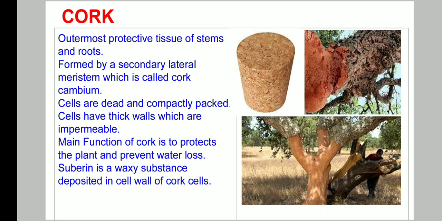It is formed by a secondary lateral meristem called cork cambium. We studied in meristematic tissue that the lateral meristem is also called secondary meristem, and that meristem helps in increasing the circumference of plants or trees.